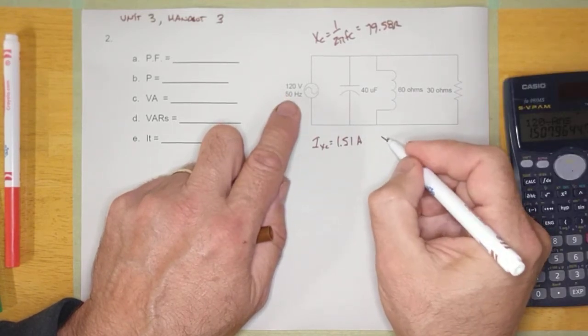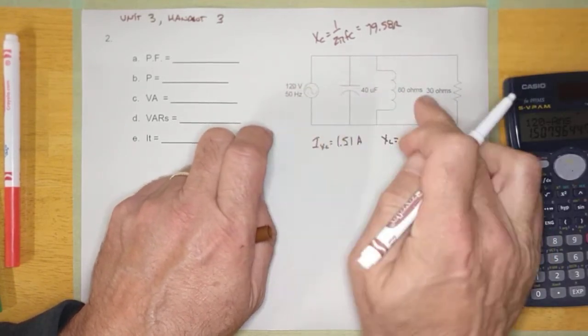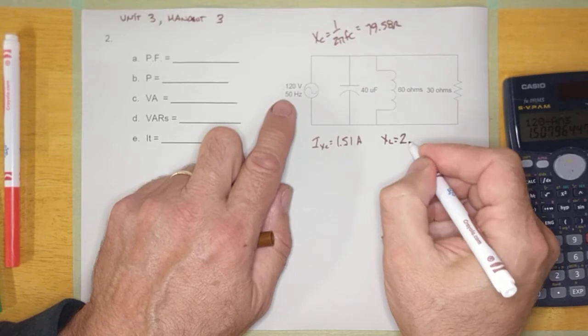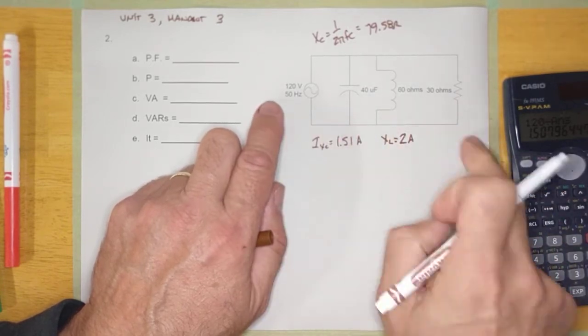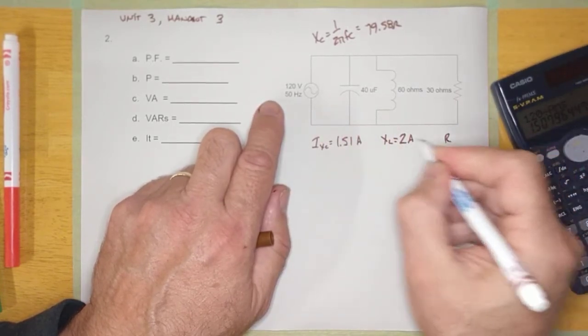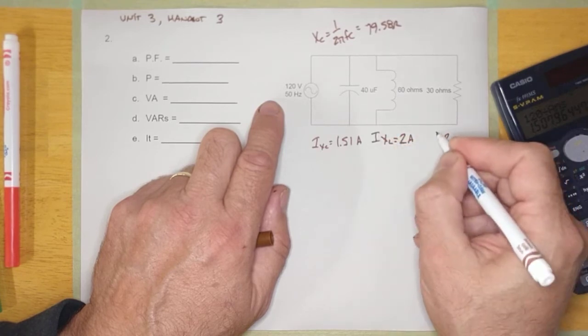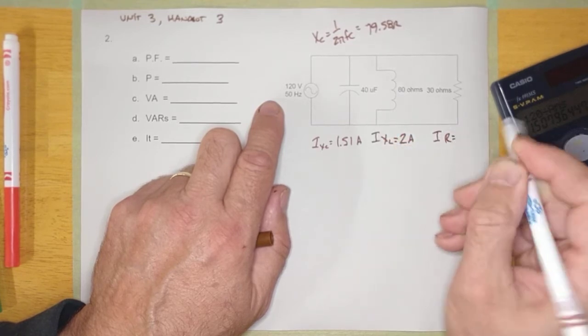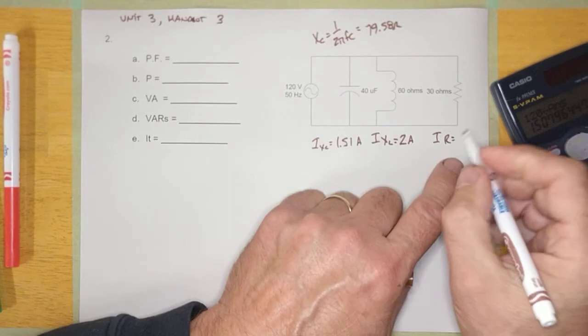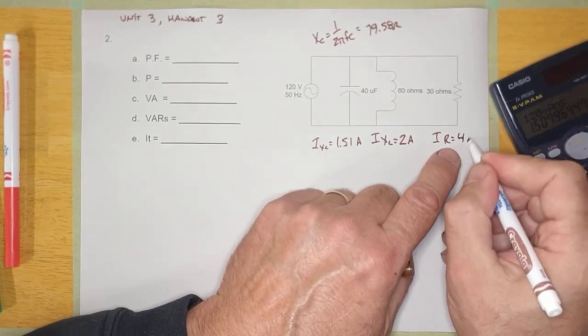I'm going to calculate IXL: 120 over 60, so that's 2 amps. Then IR: 120 over 30 is 4 amps.